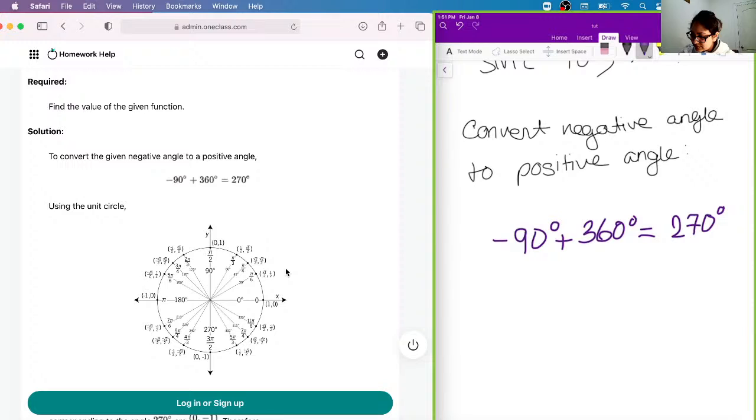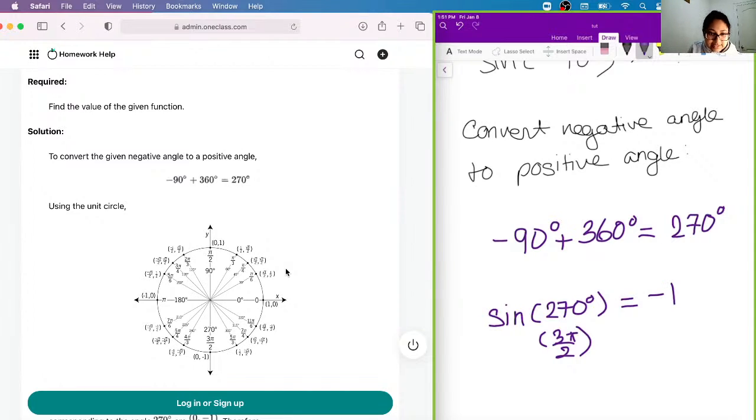And if you guys recall, sine of 270 degrees, which is also 3 pi over 2, is equal to -1. So we can see this from our unit circle, where it is equal to -1. Okay, it's right here, so it's negative, and it would be -1.